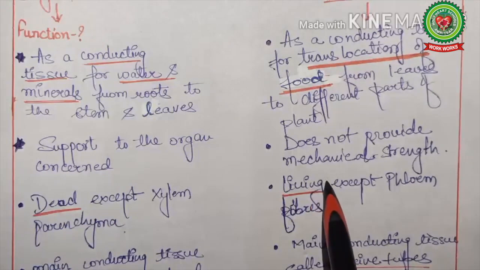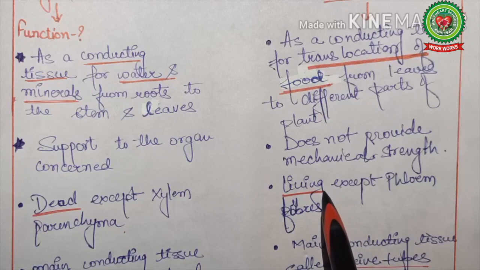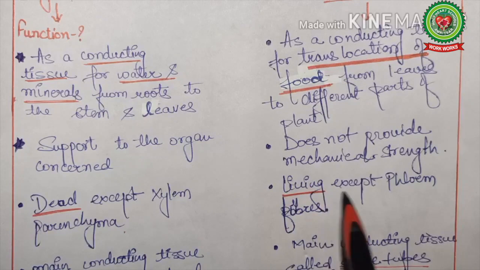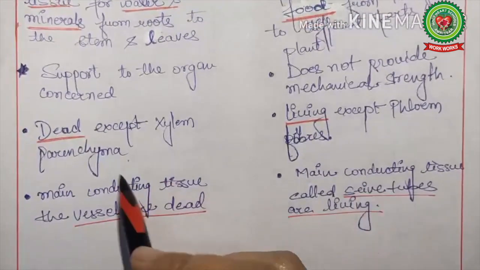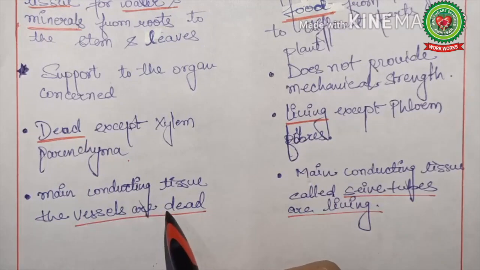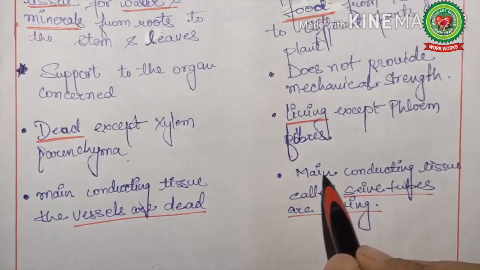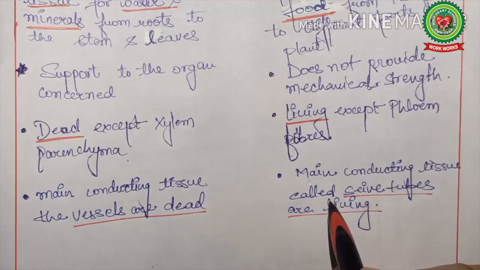Whereas phloem is a living tissue except phloem fibers. It also includes 4 types of cells, out of which 3 are living and only 1 is dead, that is phloem fiber. The main conducting tissue of xylem is vessels, which are dead, whereas the main conducting tissue of phloem is sieve tubes, which are living.